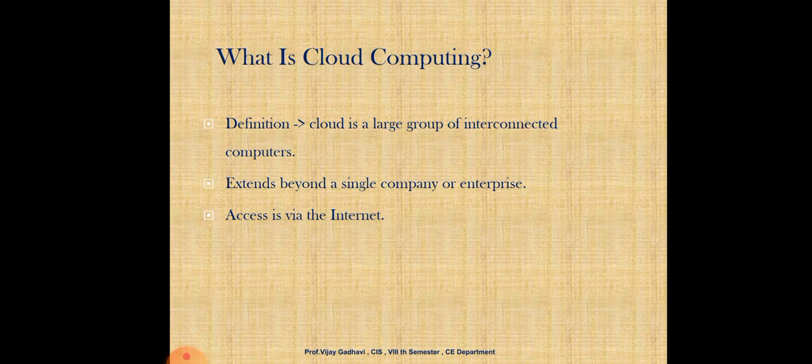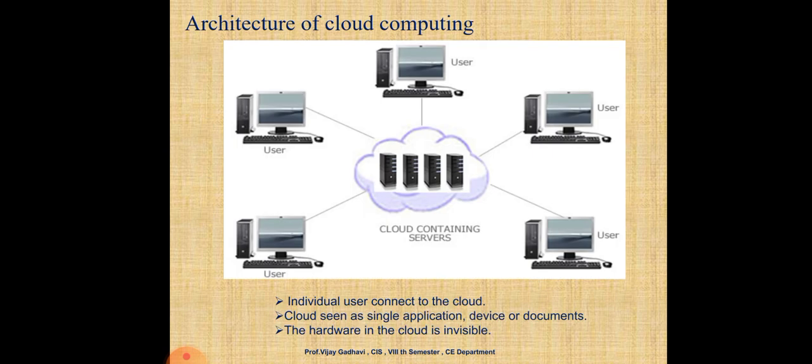Now here we discuss the definitions once again. A cloud is a group of interconnected computers that extends beyond a single company or enterprise, public and private, and accessed via the internet. This is the basic architecture. The cloud contains services, and individual users connect to the cloud.